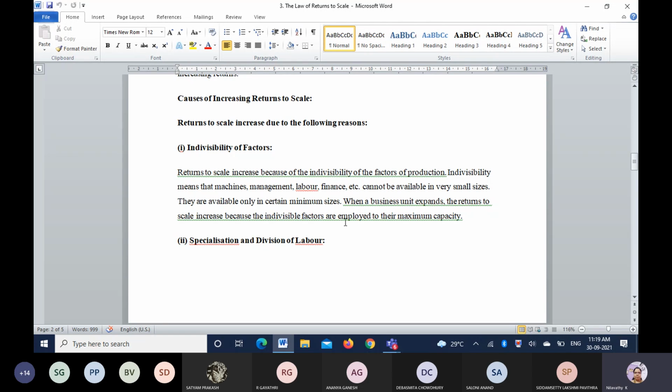That is like, for example, if you are buying a machine or a tool or equipment for your business, the machine has a maximum capacity. Okay, for example, you will put some 1 lakh of rupees, and that machine's capacity is that it can produce up to 1 lakh units of that commodity.